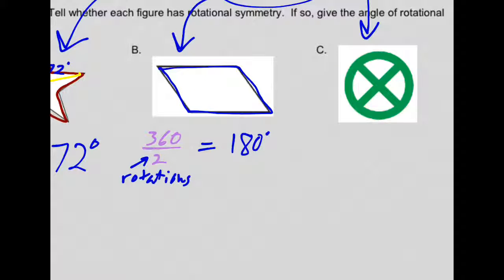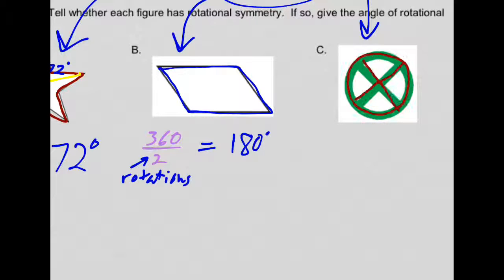And last but not least, we've got our little green lantern symbol here, whatever that is. Does anybody want to venture a guess? Any brave soul? 1 degree. Not 1 degree. 90.